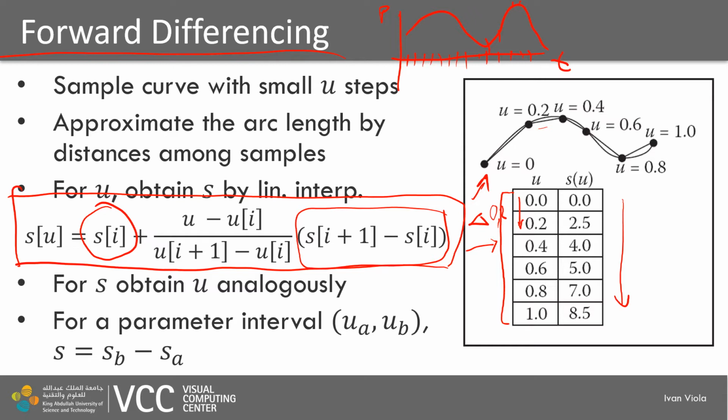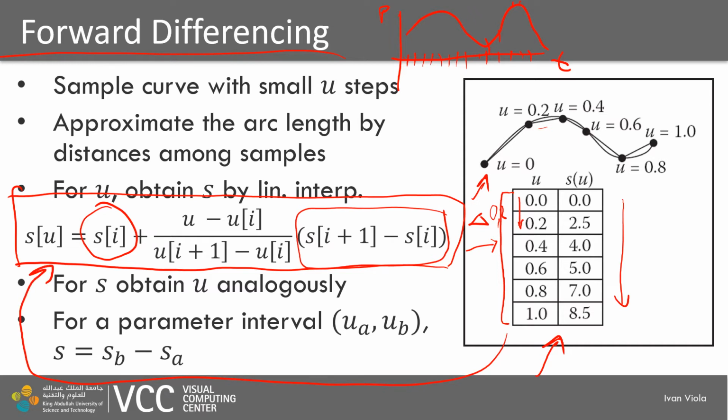So once we have our elements, once we have created our forward differencing, we can store it in a table like this. So then we will have a lookup for U. We can always find the closest S(U). And that we can use for an arbitrary U now to approximate the S(U) at that position.